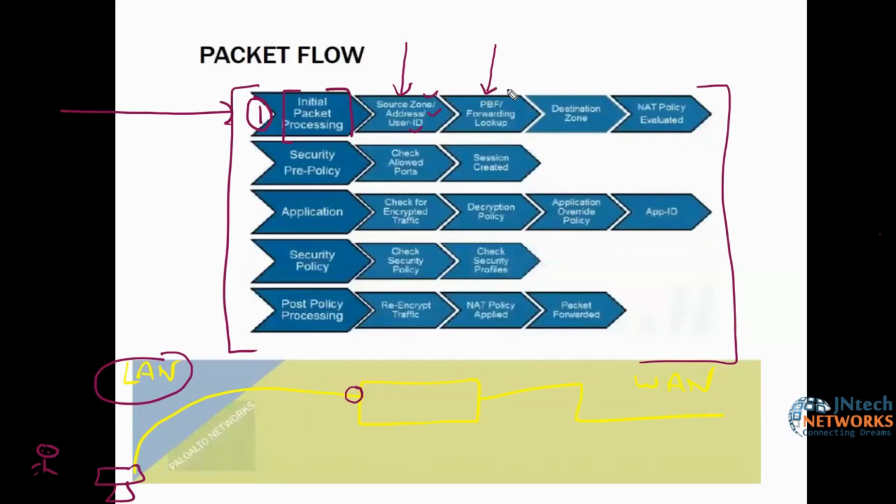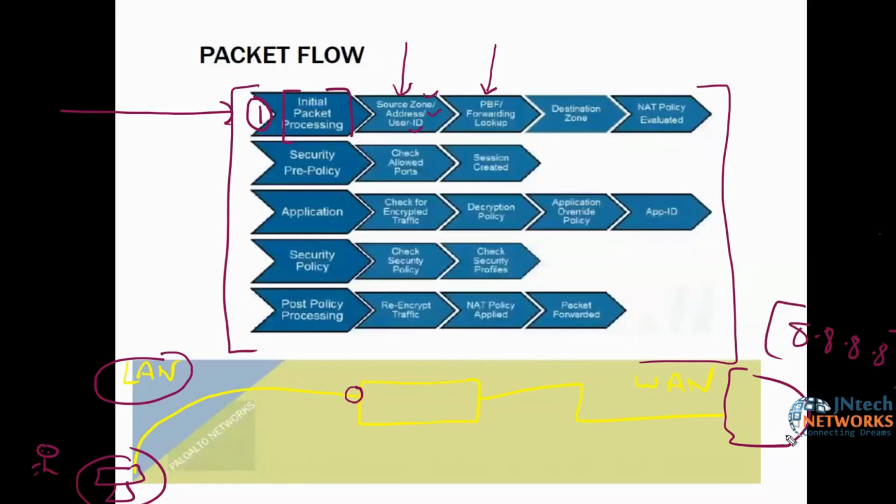After that, it will check where you want to go, the particular destination. For a particular destination, the firewall will check the destination information in the routing table or forwarding table. For example, this inside machine is trying to communicate with 8.8.8.8.